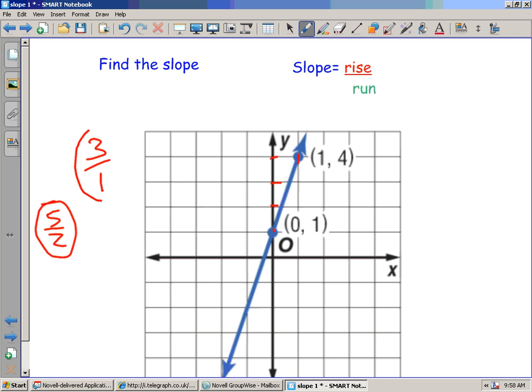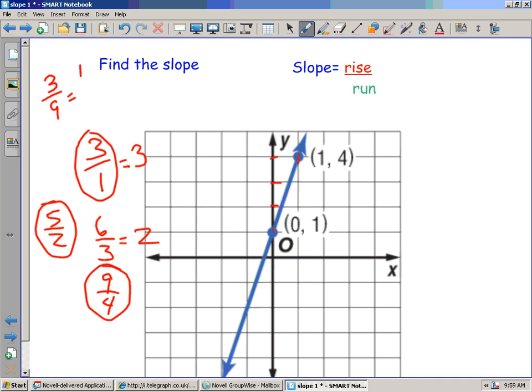However, if we have a fraction that can be divided, like 3 divided by 1, which gives you a whole number, then you want to convert that to just a whole number. So if I had something like 6 over 3, you could divide that and say it's 2. If I had 9 over 4, we could just leave it and say it's got a slope of 9/4. So you don't have to change that. However, if you do have a fraction like 3/9, you would want to reduce that and say that its ratio or its slope is 1/3.